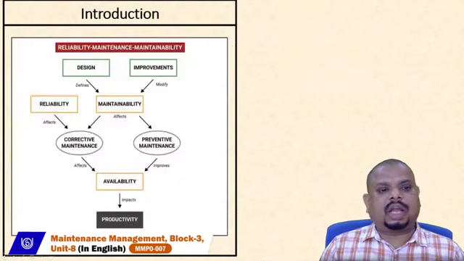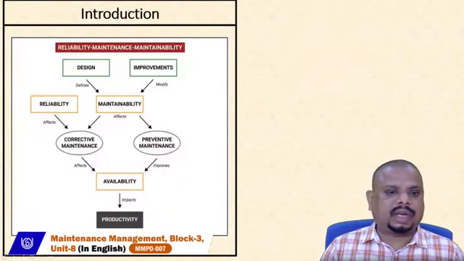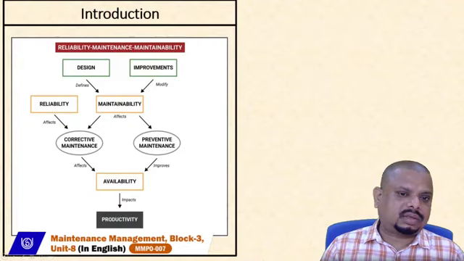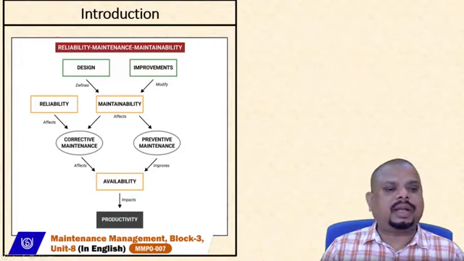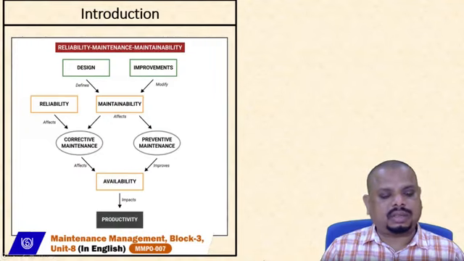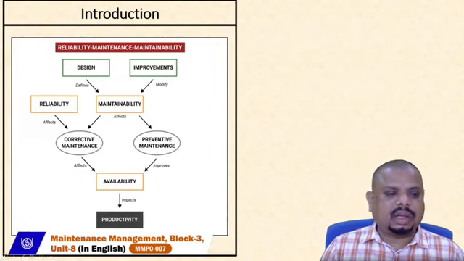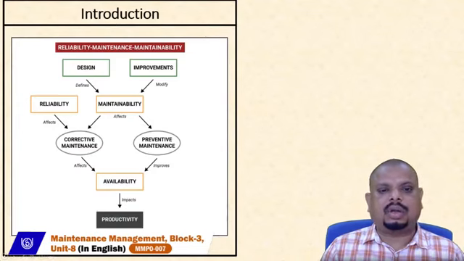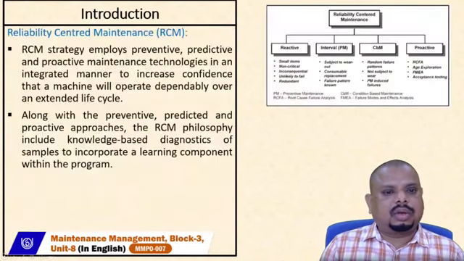By the help of reliability and maintainability, we have to understand the design, define the maintainability, implement and modify it, and see how maintainability affects corrective maintenance and preventive maintenance. Corrective maintenance affects the availability, and preventive maintenance improves the availability, which impacts productivity and cost.